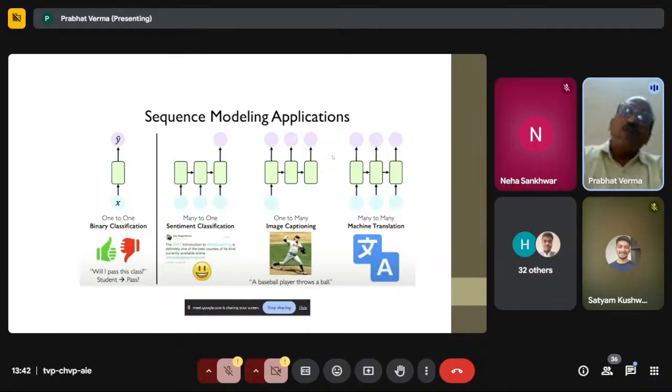CNN deals with image data basically, and it deals with a single instance of time. It is not useful for data that is sequential in nature.